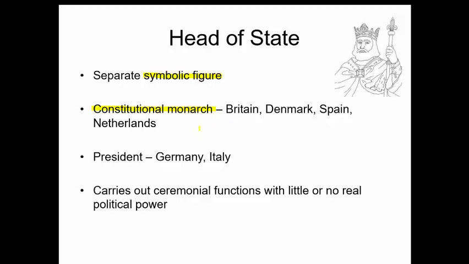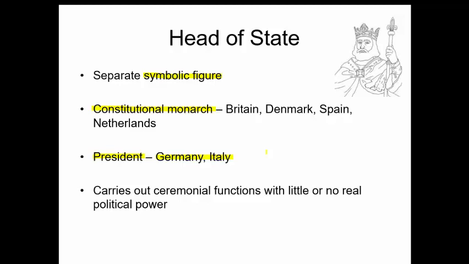Now, in some of these parliamentary systems, the president is considered more of a symbolic figure and does not hold a lot of power, such as in Germany and in Italy. And then in some of these mixed systems, as we've mentioned before, for example, in Russia, well, it depends on who the power player is.